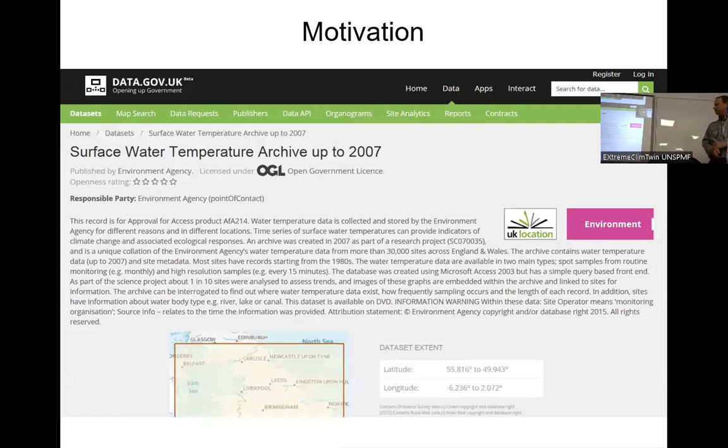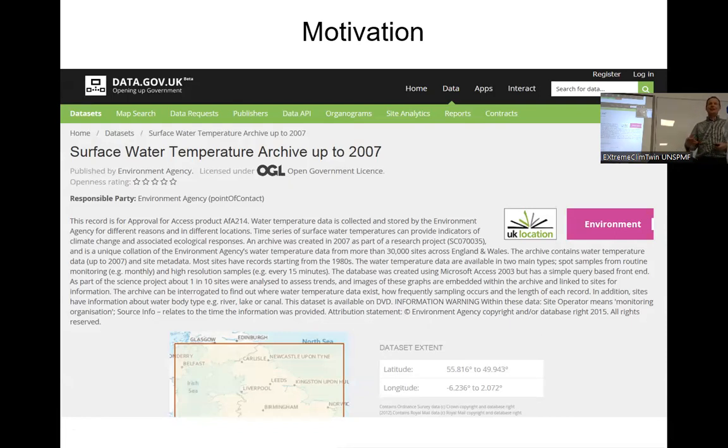Now in the UK, efforts about 15 years ago led to the creation of a national water temperature archive. So we've got a lot of data to work with, and these water temperature data were not originally collected with climate research in mind.